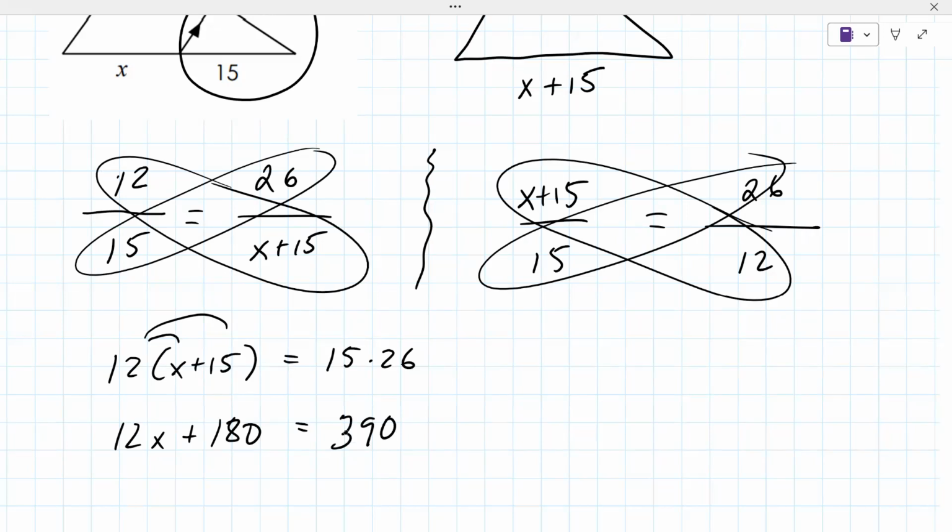And can you solve it from here? Sorry, you broke up for a second. I solved the whole thing. Can you solve it from here? 12x plus 180. Can you give me the final answer for x, please?